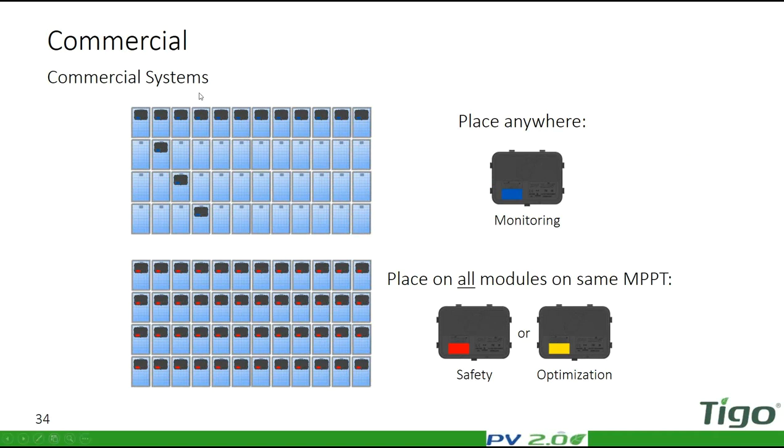And in the example here, the way I arrange them, I have one string, which I decided to look at the entire string, and that gives me voltage and current for each individual module. The nice thing about current in a string is that it's always the same. So the current that this one will measure will be the current that this one will measure, will be the current that this one will measure, etc.